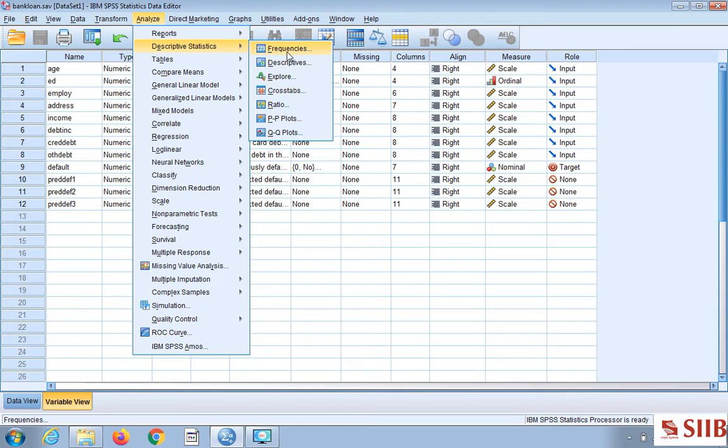Frequencies are used only for the qualitative variables, meaning those which are nominal and ordinal scales, whereas we use descriptives for the scale variables.